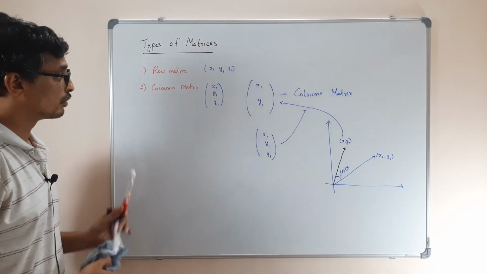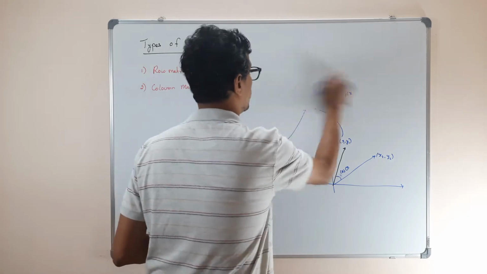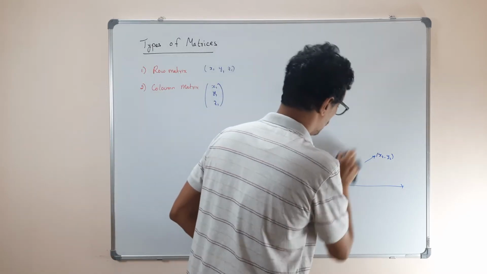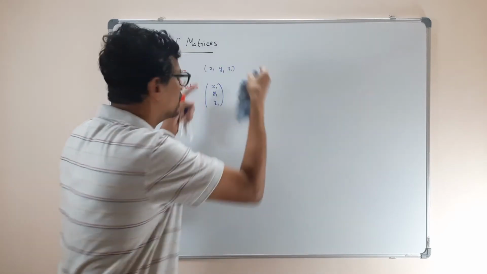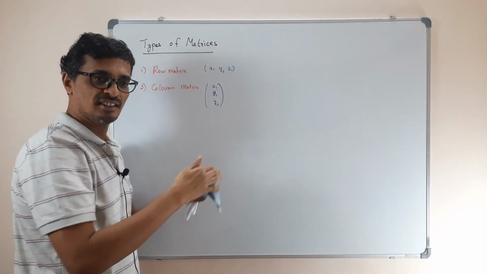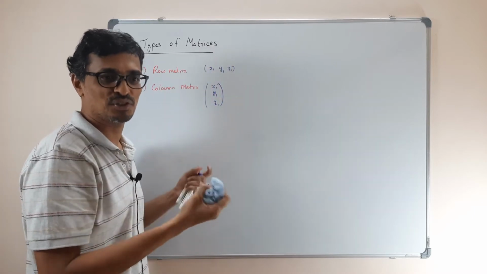This is the row matrix and column matrix. Sometimes when you are writing this matrix form, there can be many numbers, right? If you write x, y, z, and there are still more numbers, then you really struggle with which alphabets to use, correct?